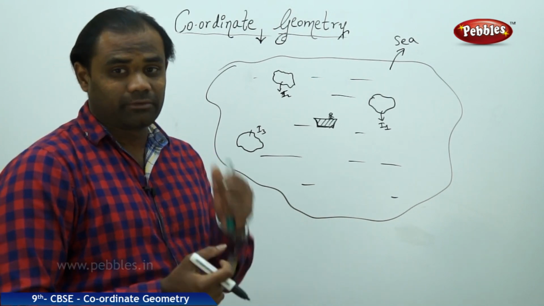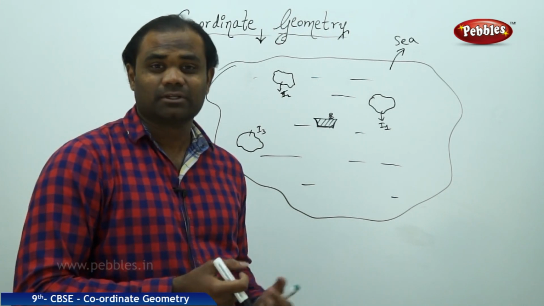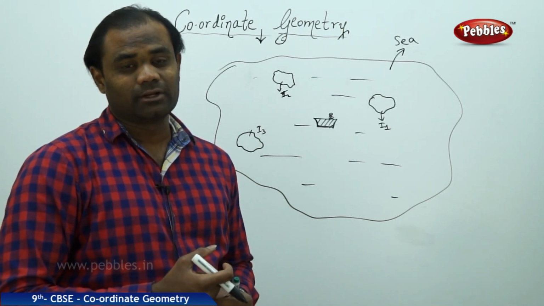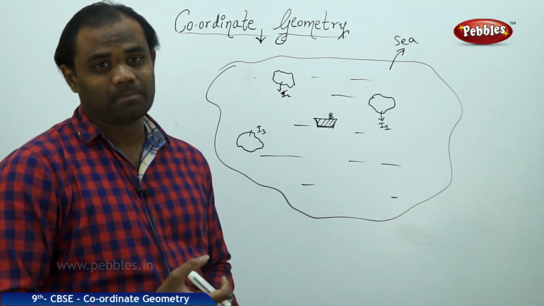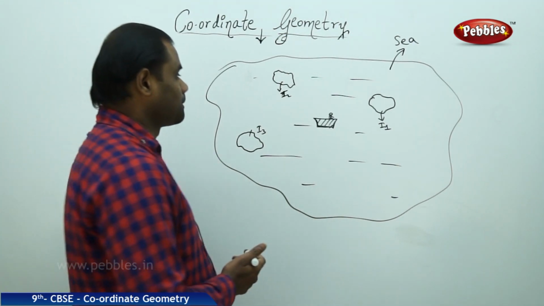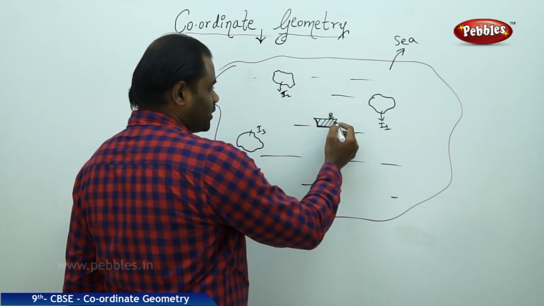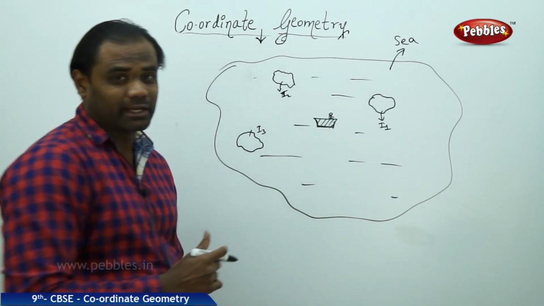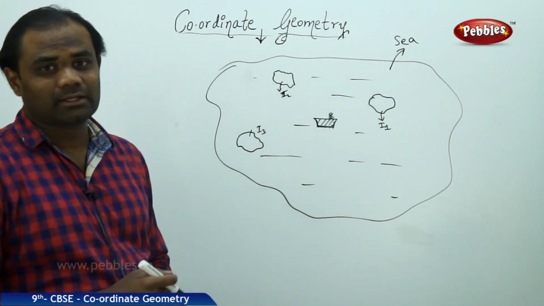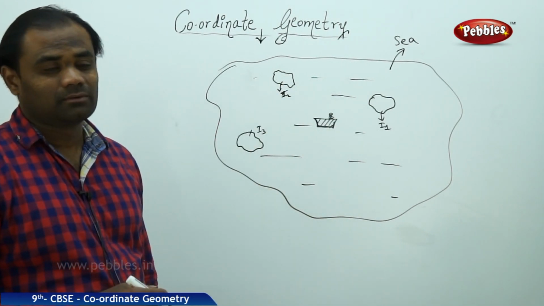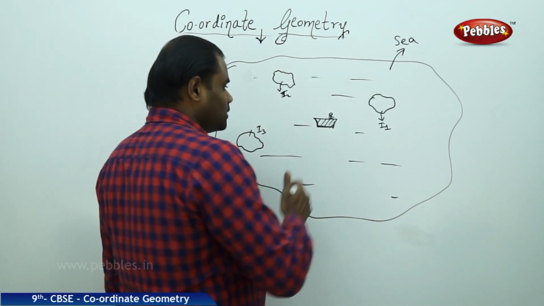So let's see this interesting problem connected with the coordinate system. He can resolve the issue by just using the coordinate system or the Cartesian plane. So this person is wondering about moving to the nearest island. How does he estimate moving to the nearest island for the seashore? Let's see how that can be done.